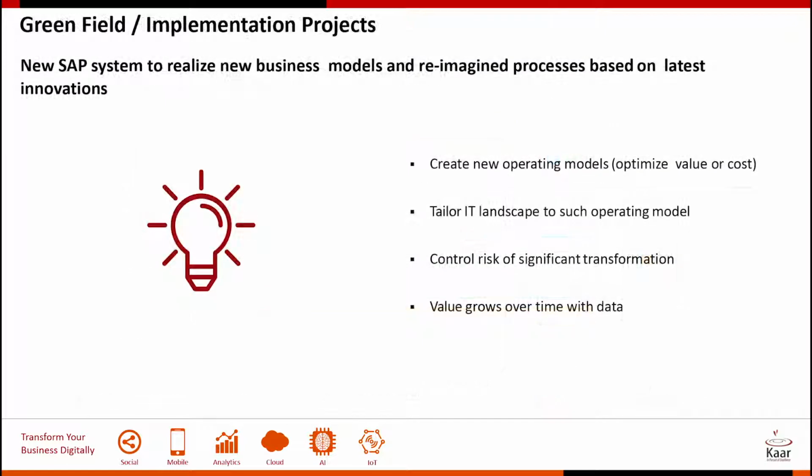So what is a greenfield implementation? Primarily, you start off, you install a new S4 system, and then you start using the new redefined business processes, and then bring in whatever open transactions that are required and move forward. And the greenfield can be both on-premise and on the cloud.